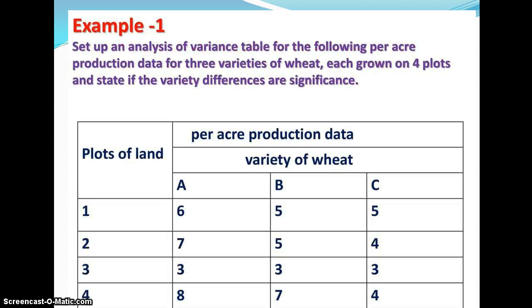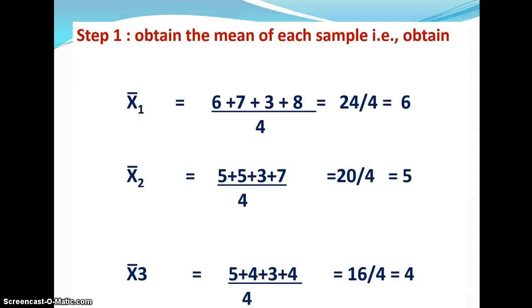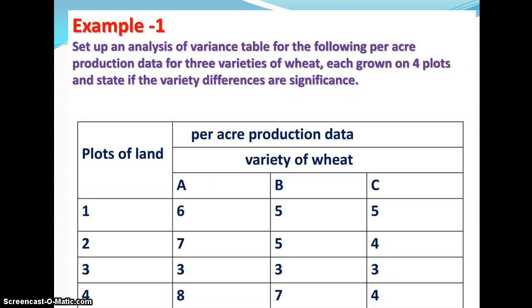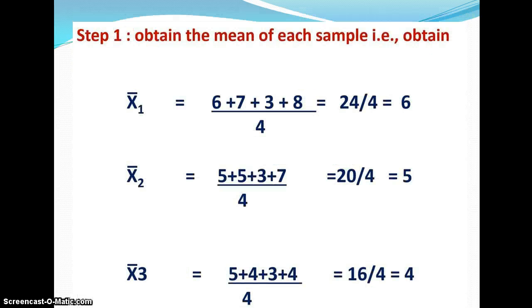As per the first step, first we simply calculate the mean of each sample. That is the simple average of each sample. The first sample is of variety A: 6, 7, 3 and 8. So here x1 bar means the mean of the first sample, that is 6, 7, 3 and 8.